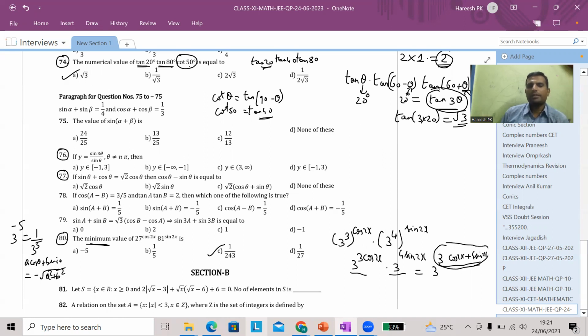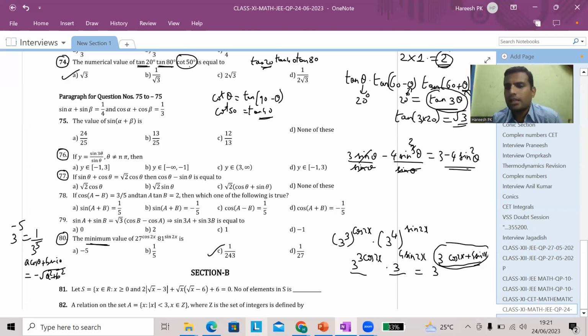Just use the formula. The formula for sine 3 theta is 3 sine theta minus 4 sine cube theta, whole divided by sine theta. Divide every term by sine theta. This will get cancelled and we get sine square. So now it is 3 minus 4 sine square theta.